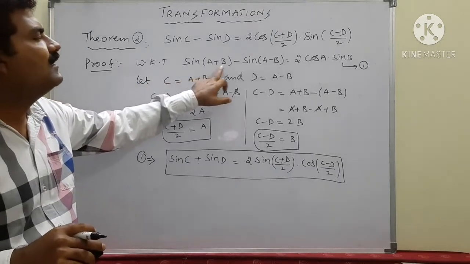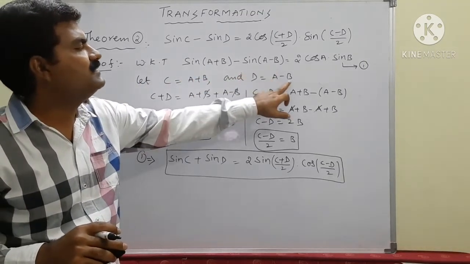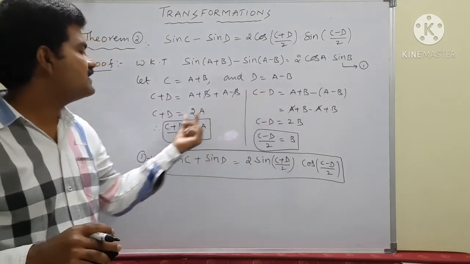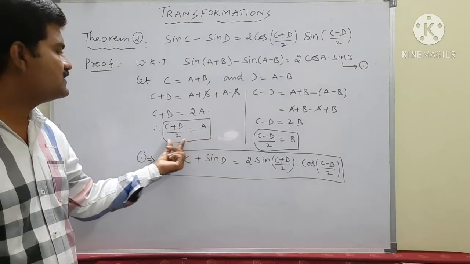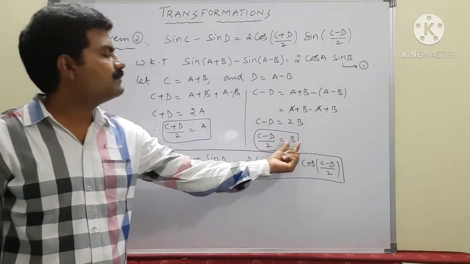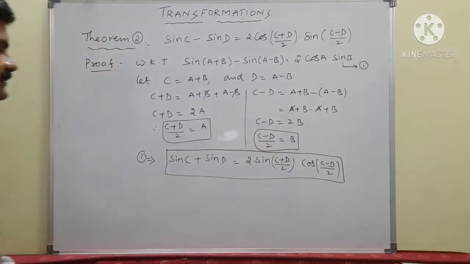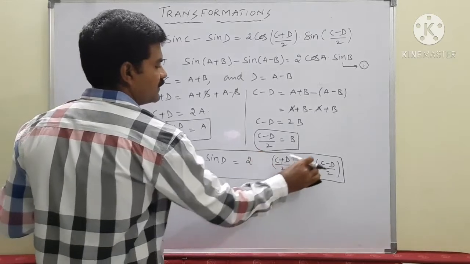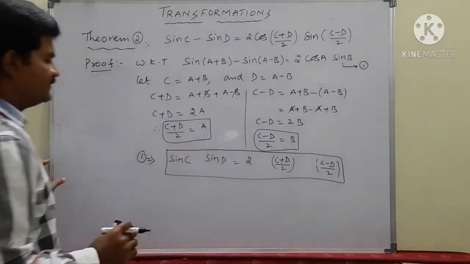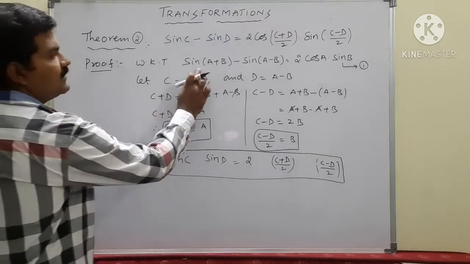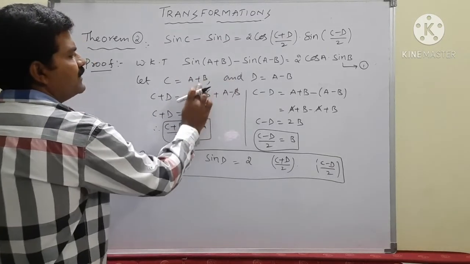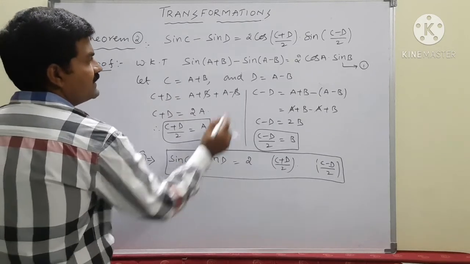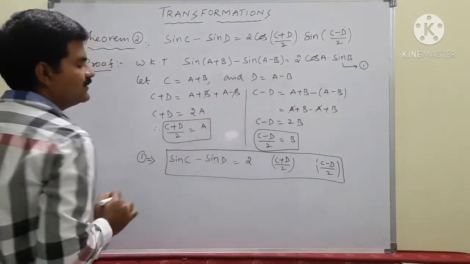Once again, a plus b you can assume as c, and a minus b you can assume as d, and find c plus d and c minus d. Finally we get a is equal to c plus d by 2 and b is equal to c minus d by 2. So now if you change the particular things, then 1 implies sin of a plus b, a plus b can be written as c, no? Sin c minus, a minus b can be written as d.